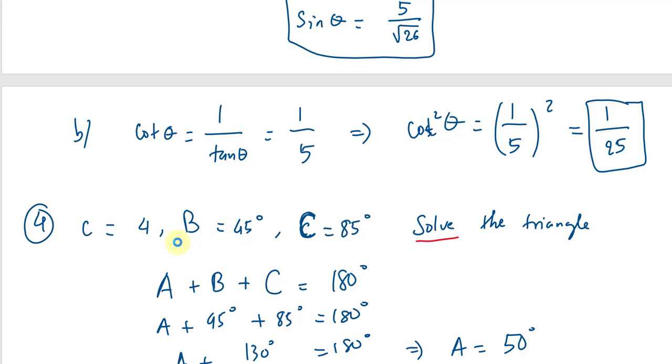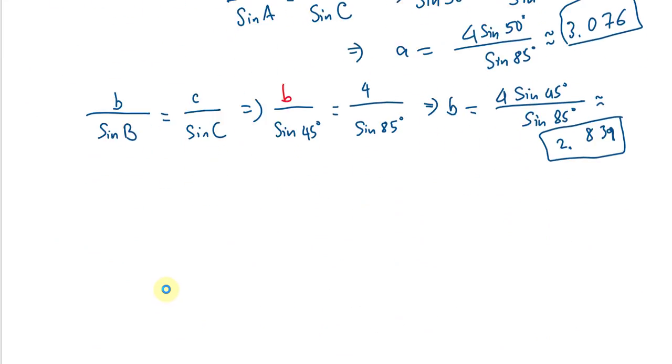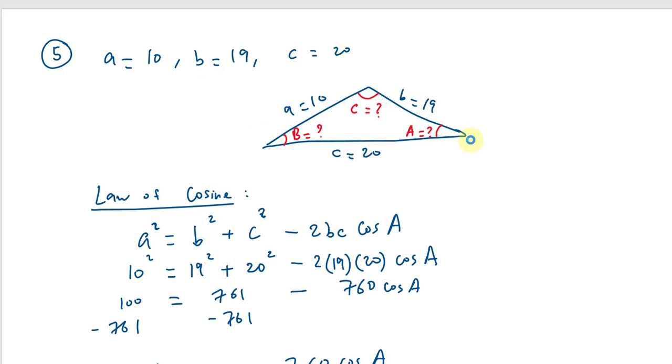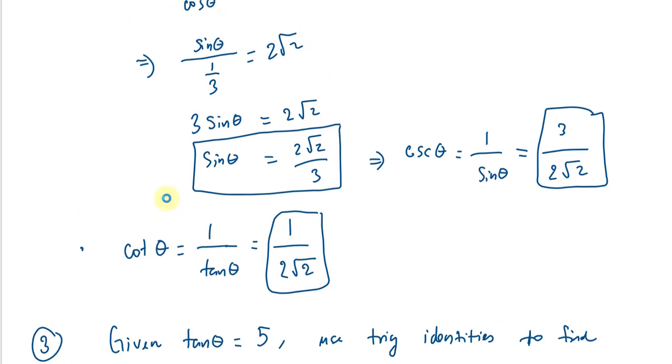If they give you the angle with the length of one of the sides of the triangle, then you can use the law of sine. But if they just give you all three sides without any angles, then you can use the law of cosine.